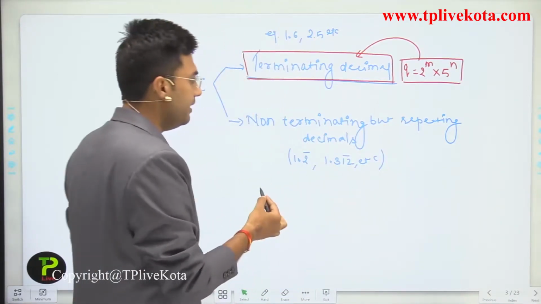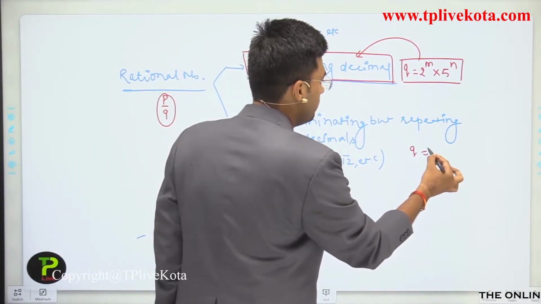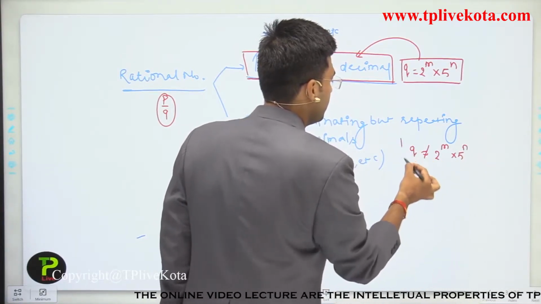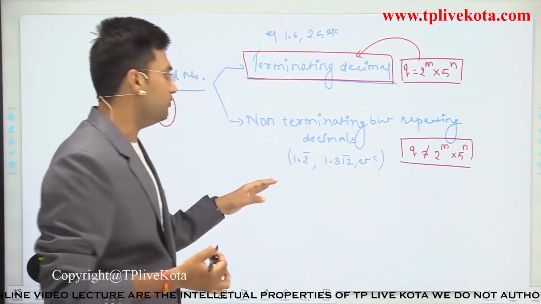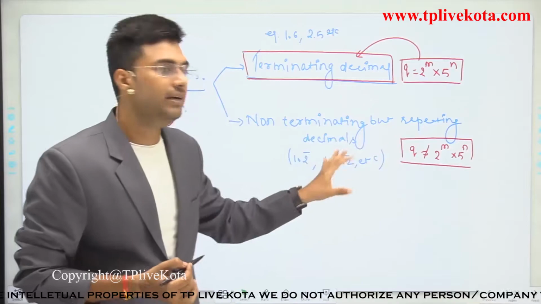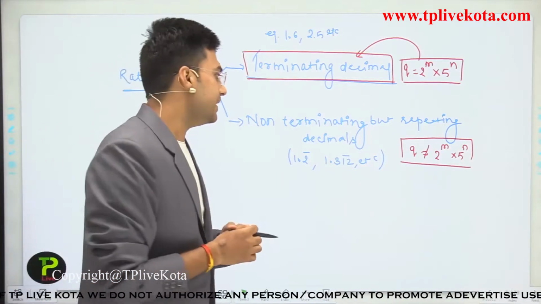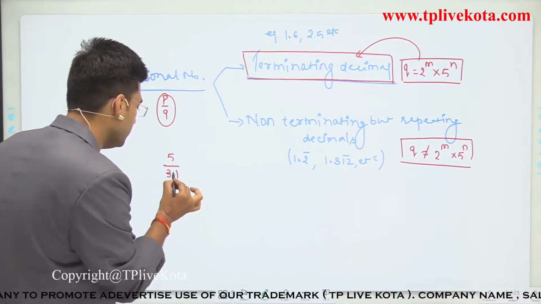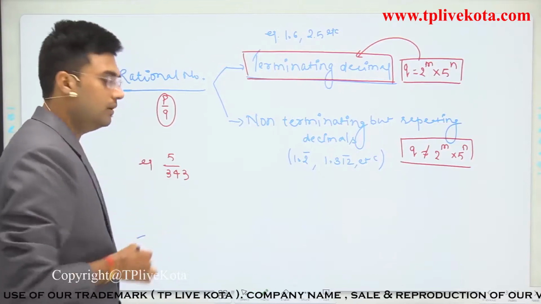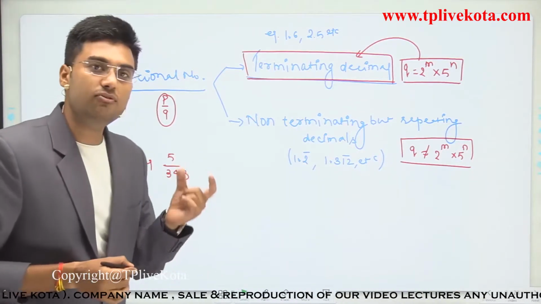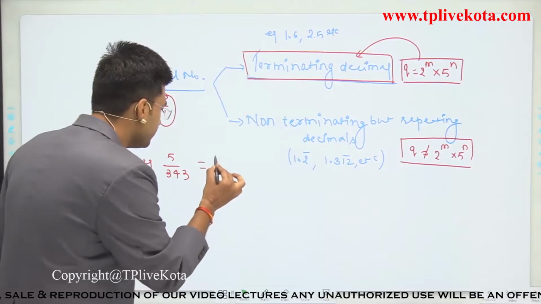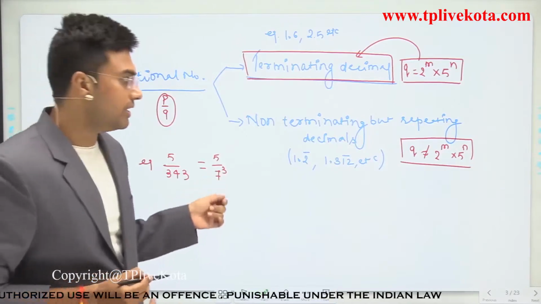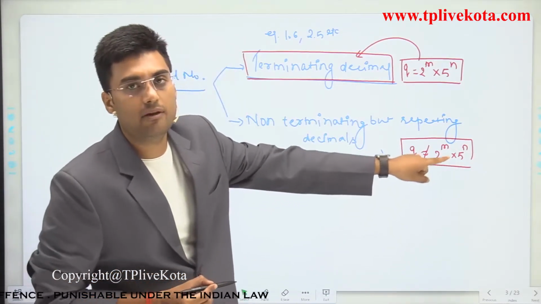Or if q is not in the form of 2 power m multiplied by 5 power n, then it is a non-terminating but repeating decimal. Clear? Let's take one example. If we write 5 upon 343, here the denominator is 343, and if you prime factorize 343, we will get 7 power 3, which is not in the form of 2 power m multiplied by 5 power n.